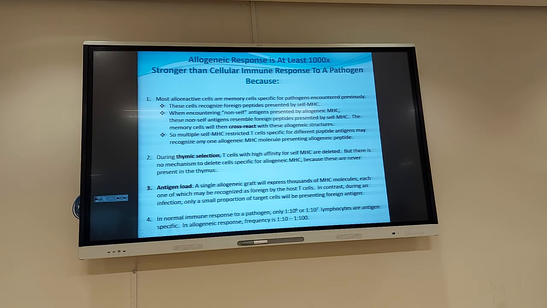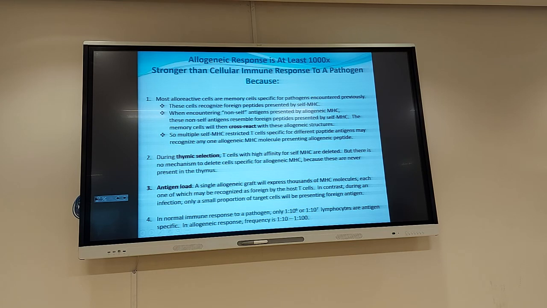Because biology was never meant to take bits from another person to put it into our bodies. So this is totally artificial. So these T cells, which are reactive to this foreign tissue, have never been removed through thymic education.